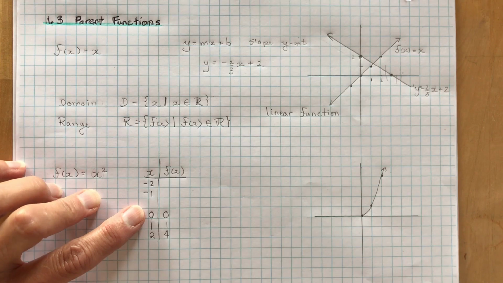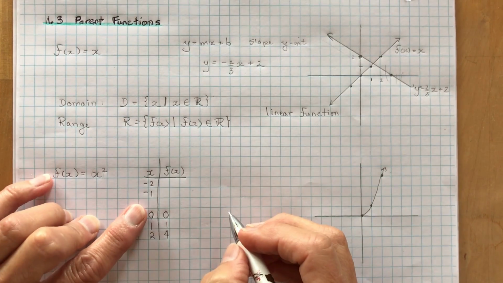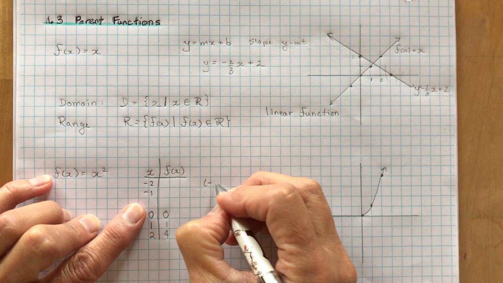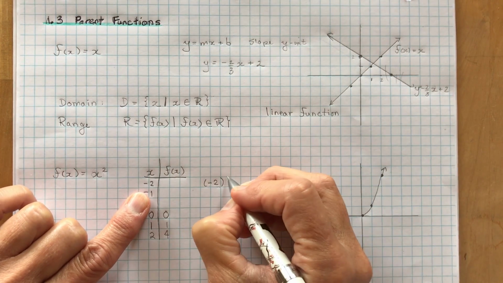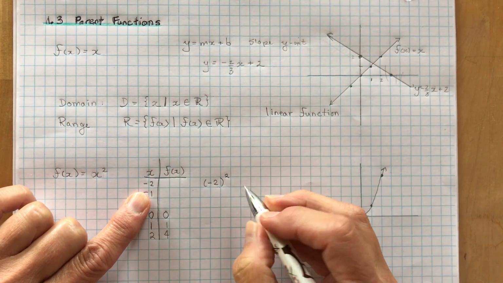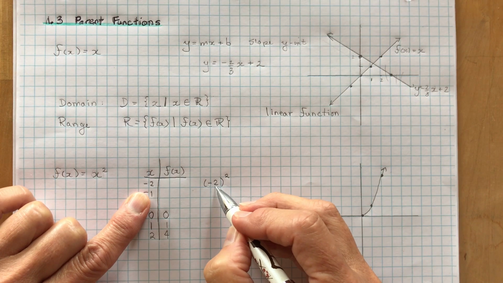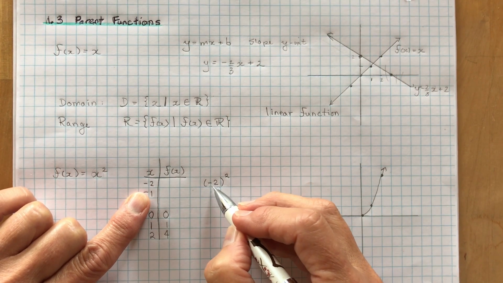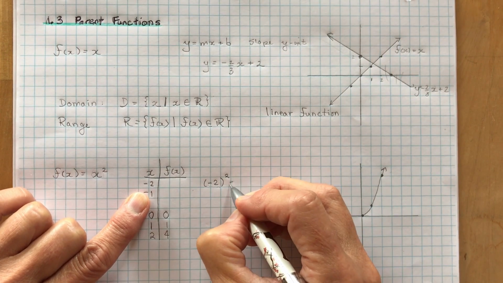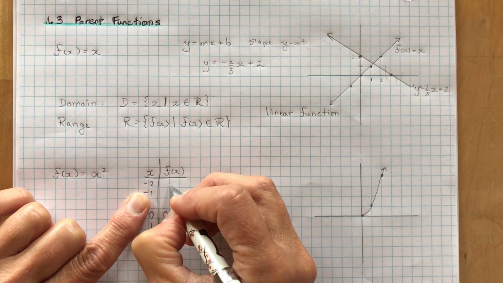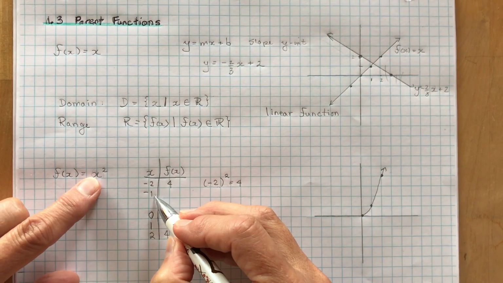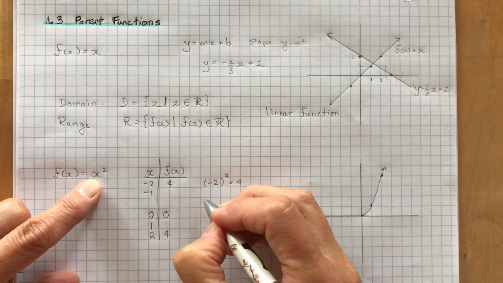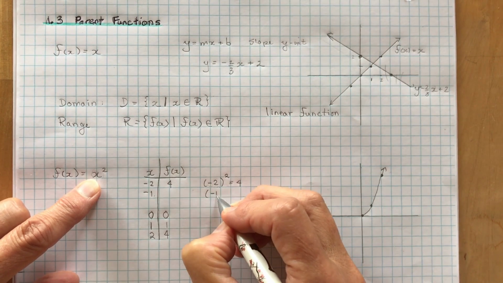Oh, I left too much space there. That's okay. So when I put in minus 2, remember that it's minus 2 in brackets and square it. I'm squaring both the negative and the 2. So a negative 2 times negative 2 is positive 4. Be careful with your negatives. Remember, when you're substituting in a value for x, you should always plug it in brackets.